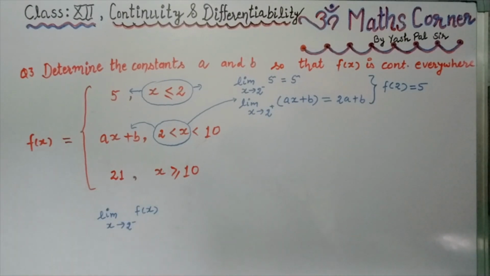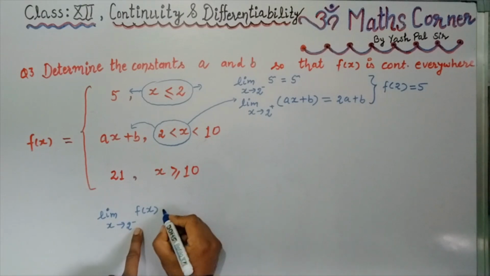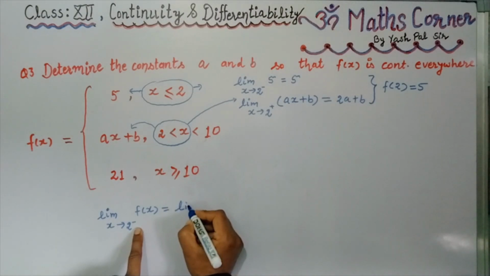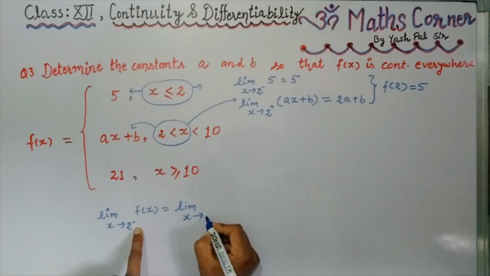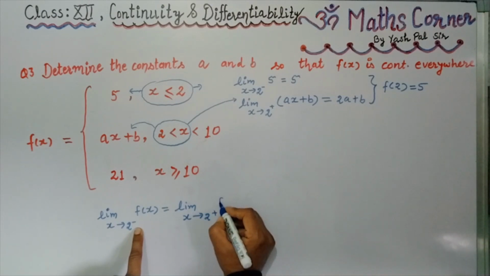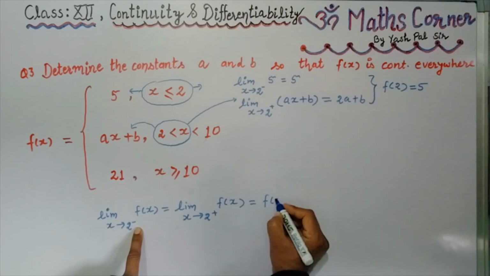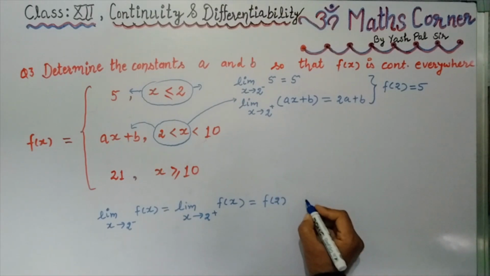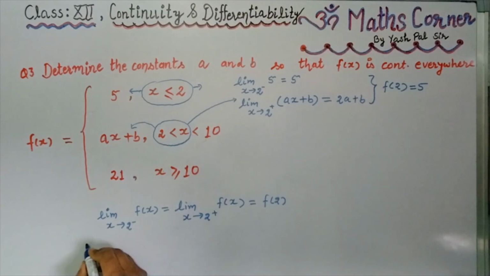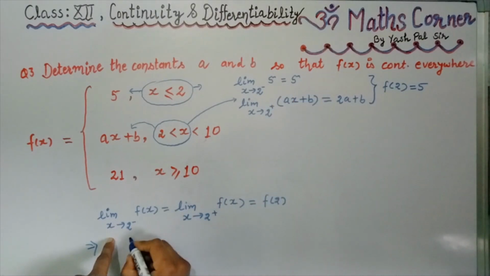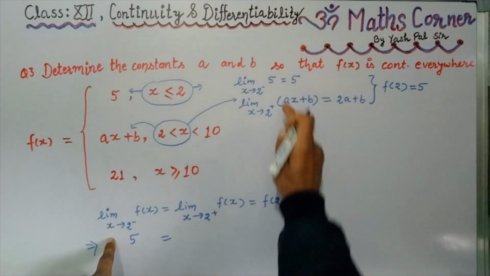It means the left-handed limit should be equal to the right-handed limit. We write this way: limit x approaches 2 with negative symbol, the left-handed limit, equal to the right-handed limit, limit x approaches 2 plus, of the function, which should be equal to the functional value. So what is the conclusion? The left-handed limit is 5.